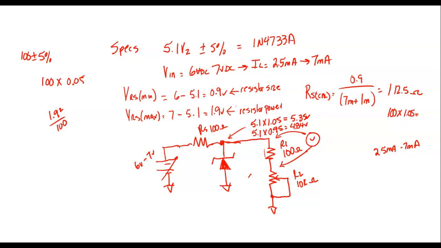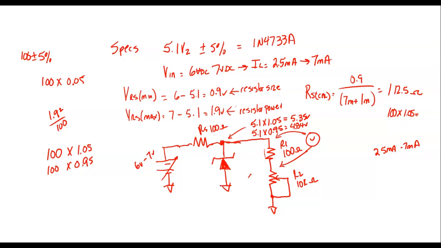Y'all remember doing that in DC? Well, what I've learned is I can multiply by 1.05, and this gives me the upper tolerance, and I can multiply this by 0.95, and that saves one math operation, so I don't have to subtract.